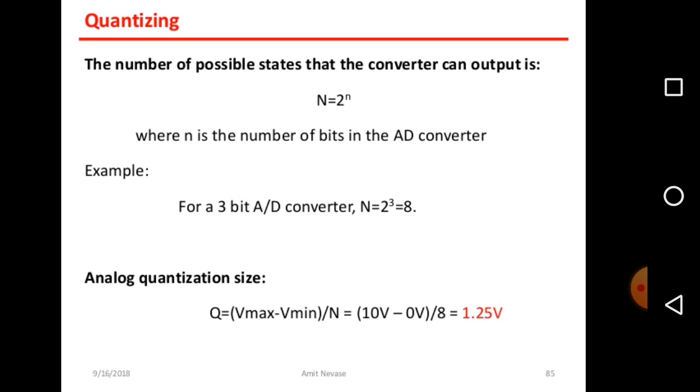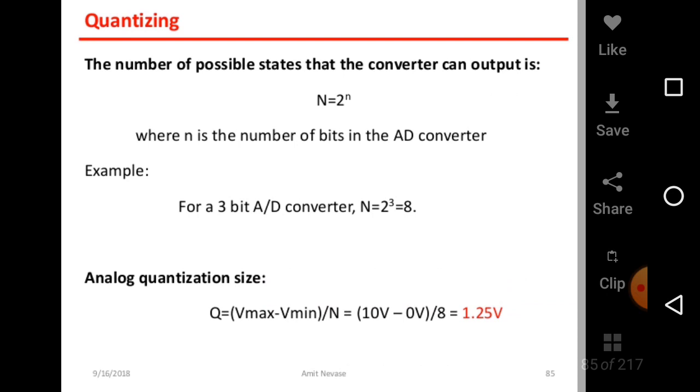Analog quantization size Q is equal to V max minus V min upon N, that is 10 volt minus 0 volt upon 8, where 8 is capital N, the number of steps, which equals 1.25 volt.